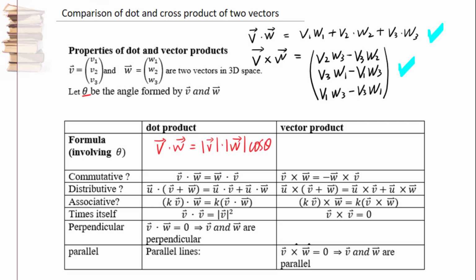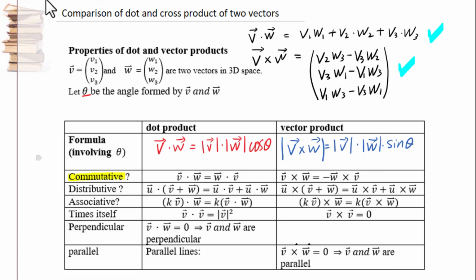Well, for vector product, since vector product is a vector, the length of v cross w equals length of v times length of w times sine theta.